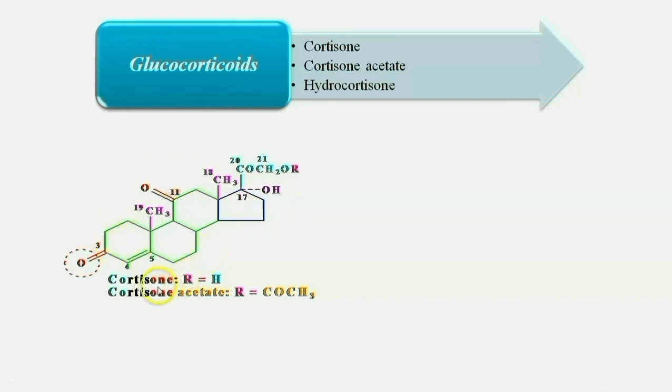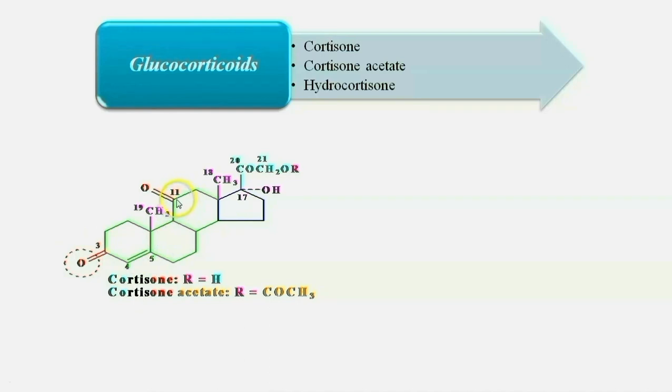Wherever "one" is a suffix in the example, at that time we will attach a ketonic function at the third position of the basic skeleton. So in cortisone, at the third position this ketonic function will come, and between carbon 4 and 5 there is unsaturation.